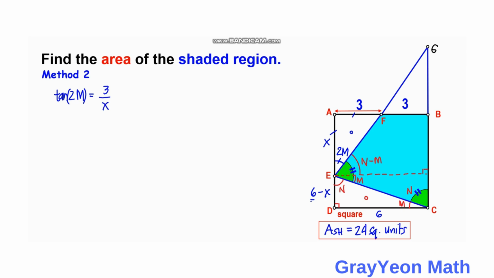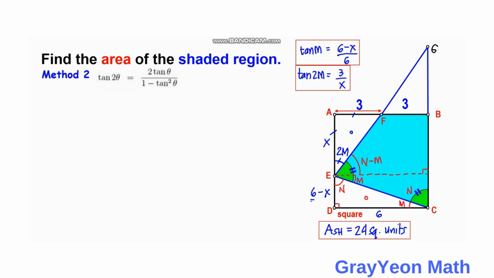And for the tangent m at the triangle EDC, so this is for triangle AFE and this is for triangle EDC, tangent m is equal to opposite over adjacent, so 6 minus x over 6.